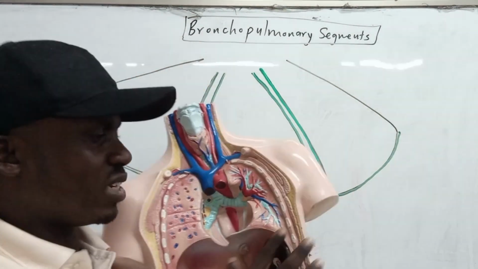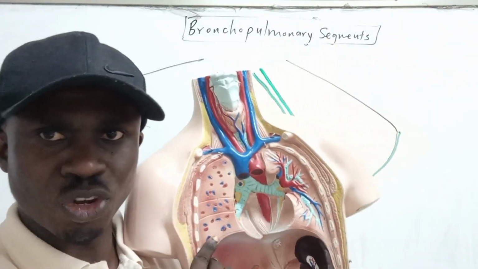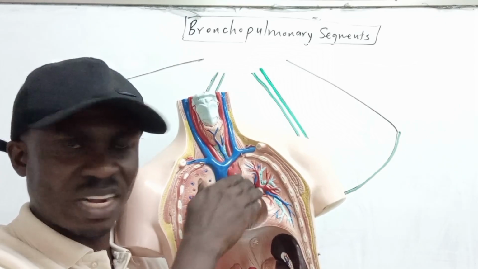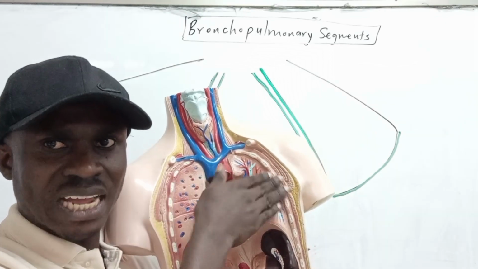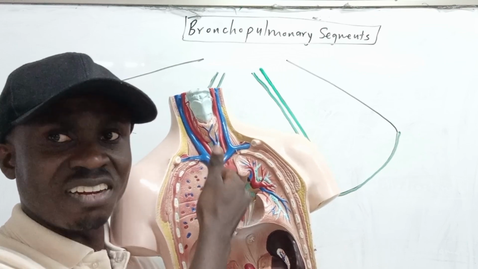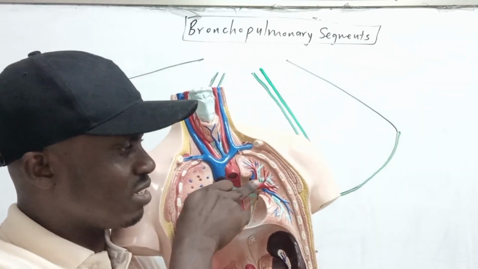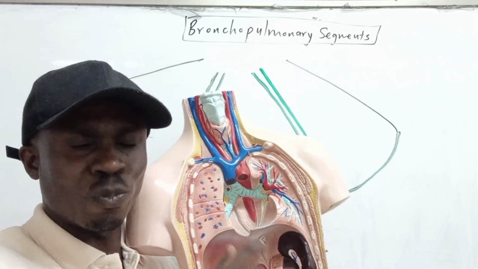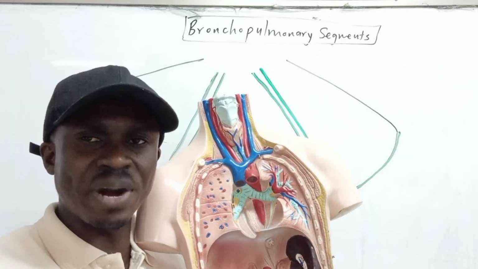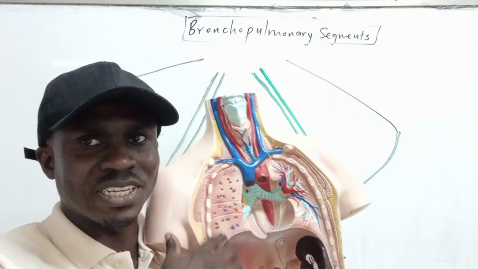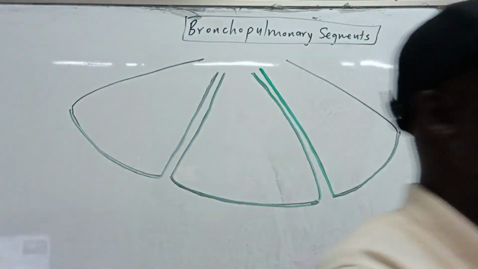Whenever you talk about hilum, we are talking about the gateway where all the neurovascular structures enter or leave the substance of the lung. The hilum is at the mediastinal surface of the lung. You can see some structures entering the substance of this lung. This area is the hilum. So the apices of the bronchopulmonary segments are directed towards the hilum of the lung.